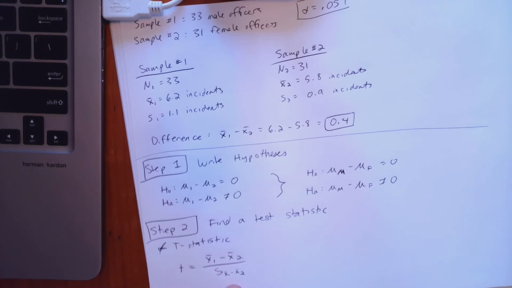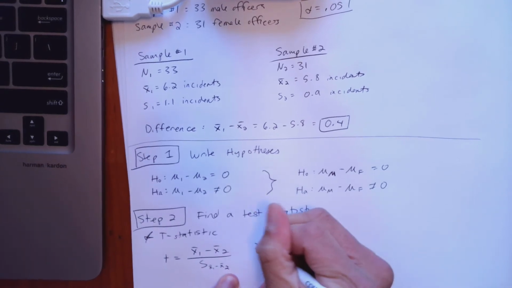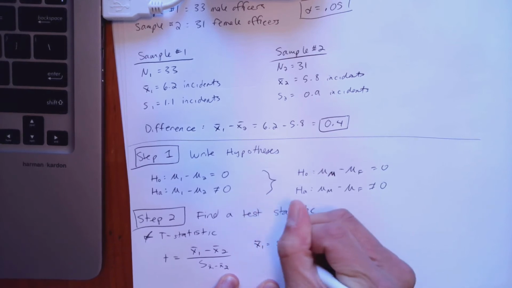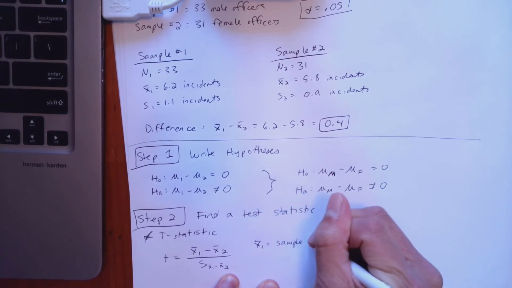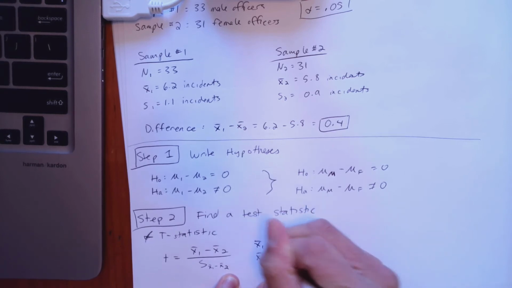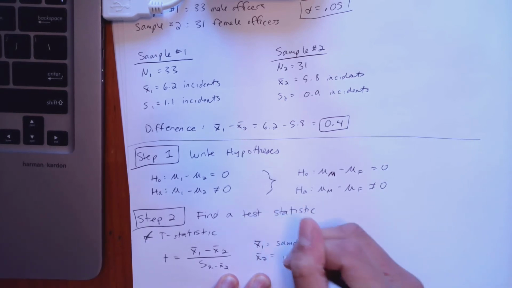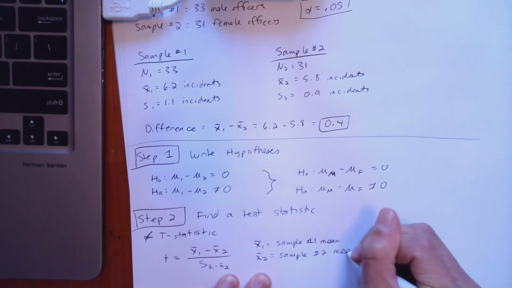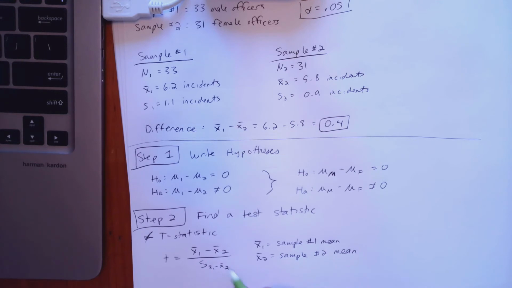All right, so what we have here is our first sample mean, our second sample mean, x bar 2, and then this big chunky thing on the denominator, which is the standard error for the sampling distribution.